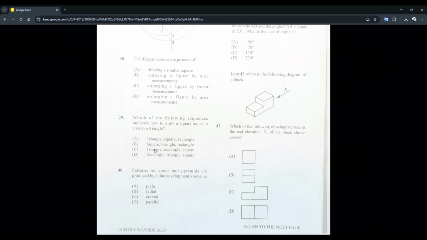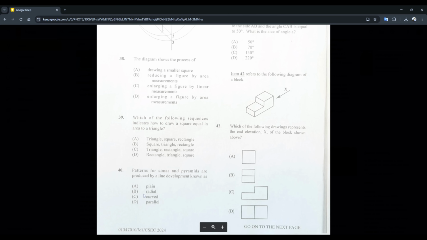So it's either A or C. But after you draw the triangle, you then need to have a rectangle equal in area to the triangle. That's a construction that we know. And after you have that rectangle, then you draw a square equal in area to the rectangle.